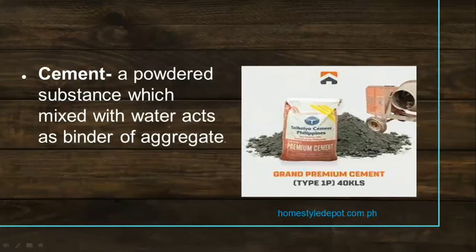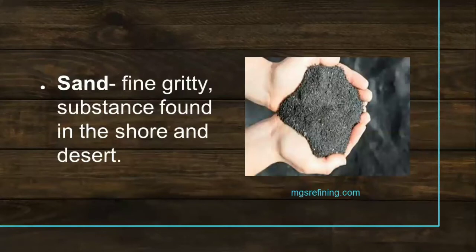Next, we have the sand. Sand is a fine, gritty substance that could be found on the shore or in the desert. It is a topsoil aggregate that people associate with sandcastles and also with forming structural buildings.